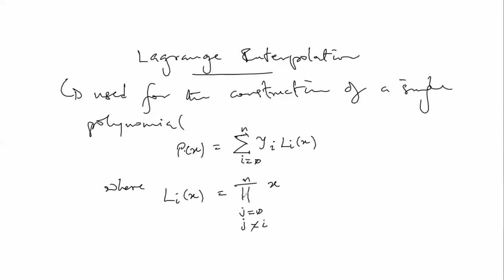And then we have this as the multiplication. Sigma is the sum, while pi is the multiplication of these parameters, x minus x sub j over x sub i minus x sub j. And here you take note that j takes on value from 0 to n, while j is not the same as i. And in this case, L sub i of x is the Lagrange polynomial.